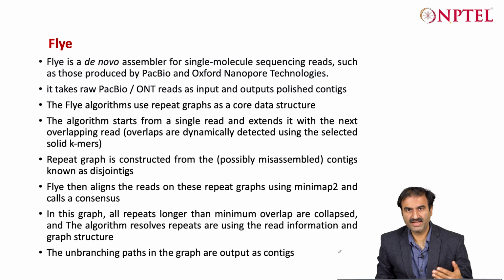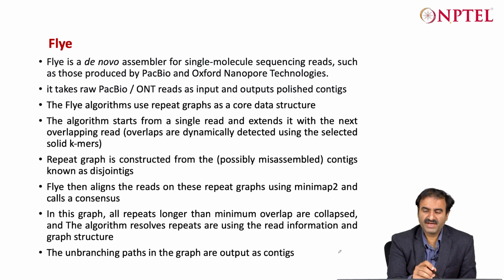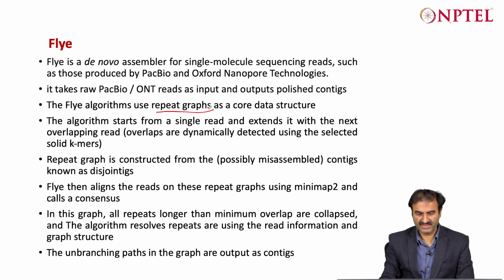That means it is building the contigs and scaffolds from scratch, from the Nanopore reads. It can take both Nanopore or PacBio data, and it uses repeat graphs as the core data structure, which we will see in the next slide.